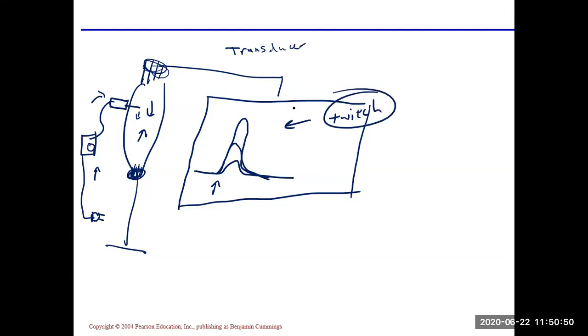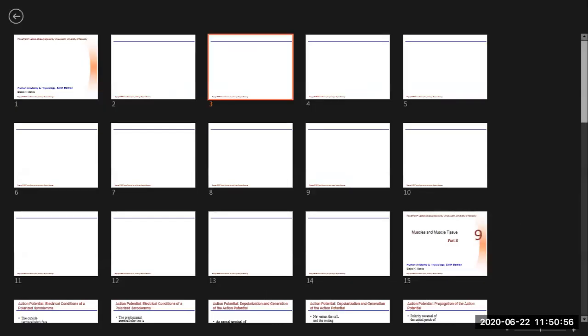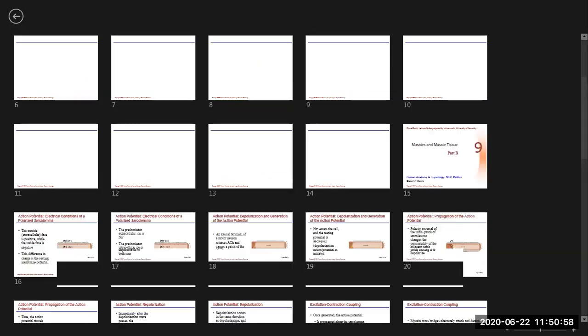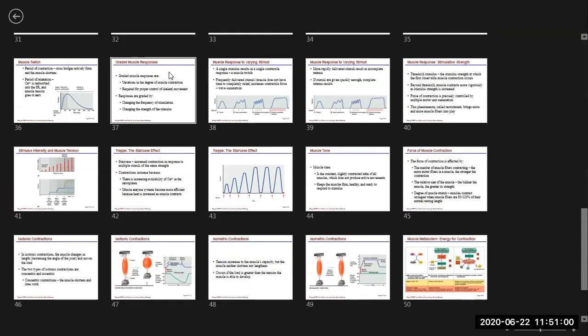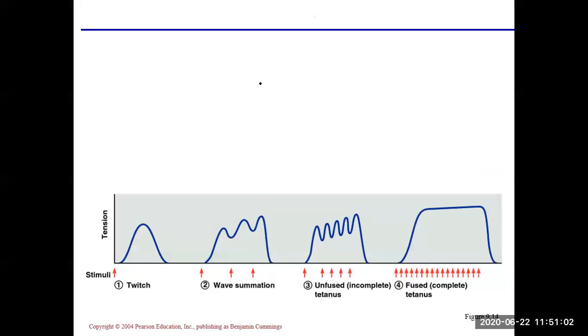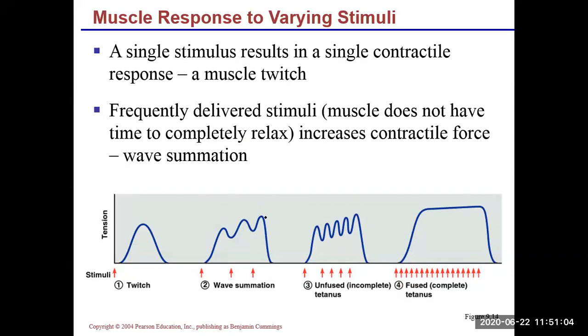All right. So each muscle twitch consists of 3 phases. Right now, we are concentrating on the muscular twitch.